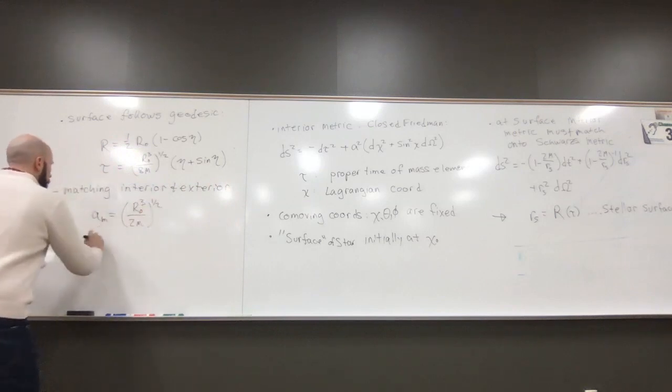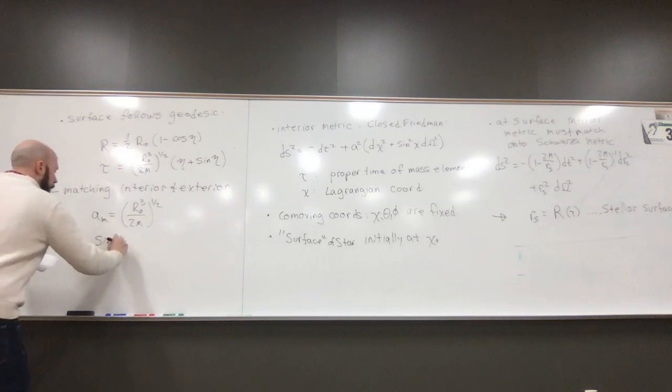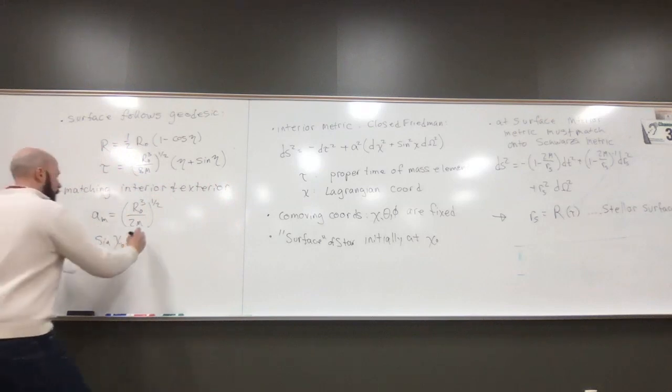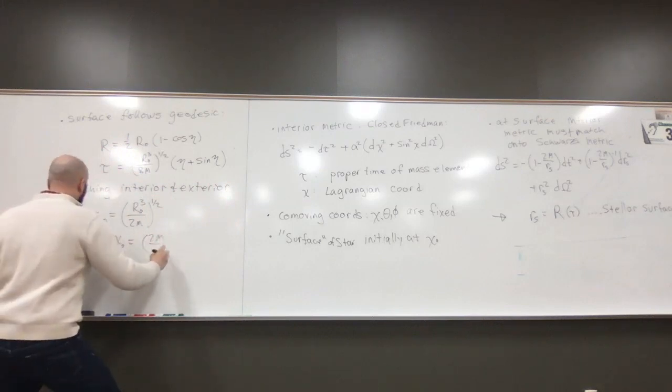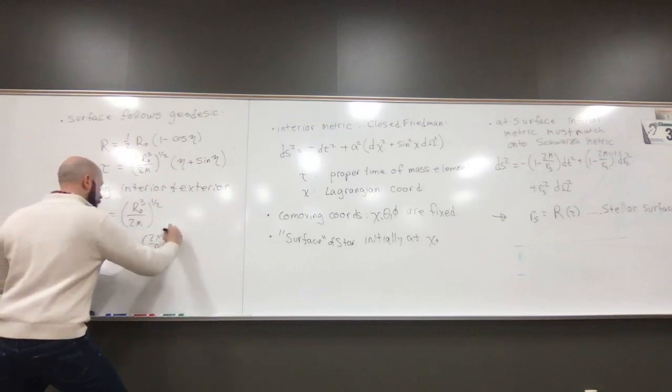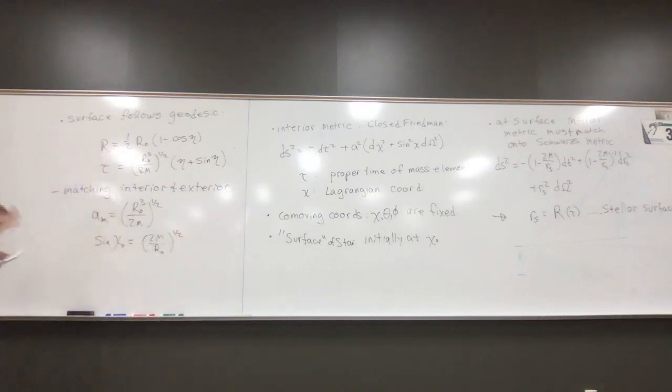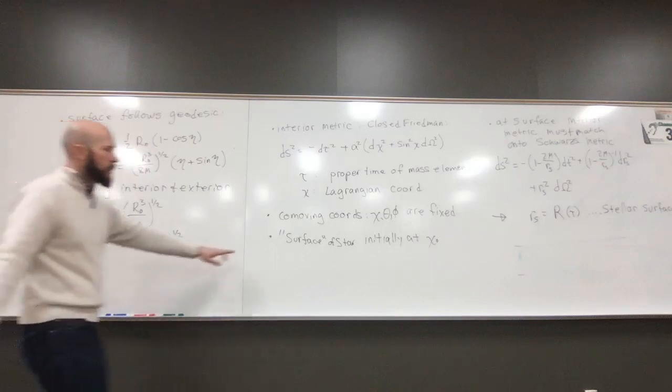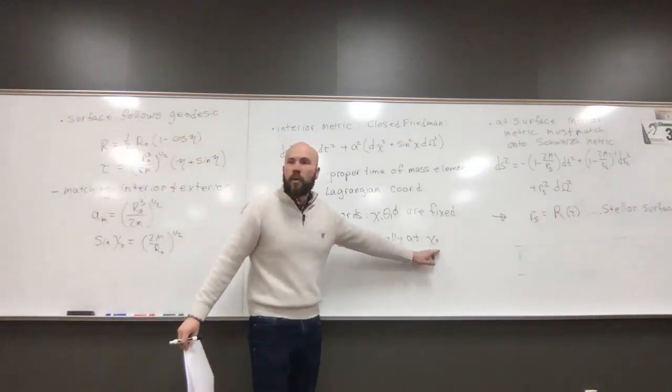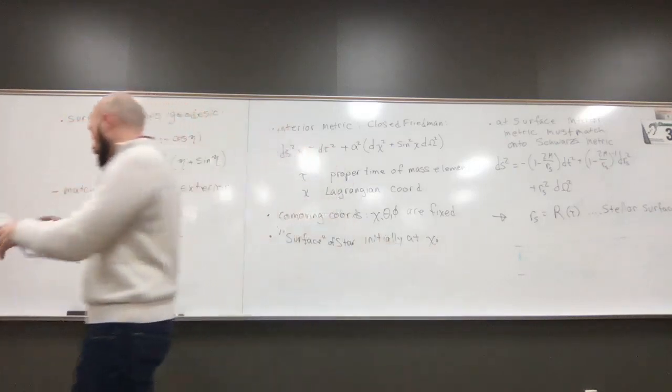And sine of chi naught is equal to 2m over r naught to the 1/2, where this chi naught is the initial chi, the initial Lagrangian coordinate of the surface of the star.